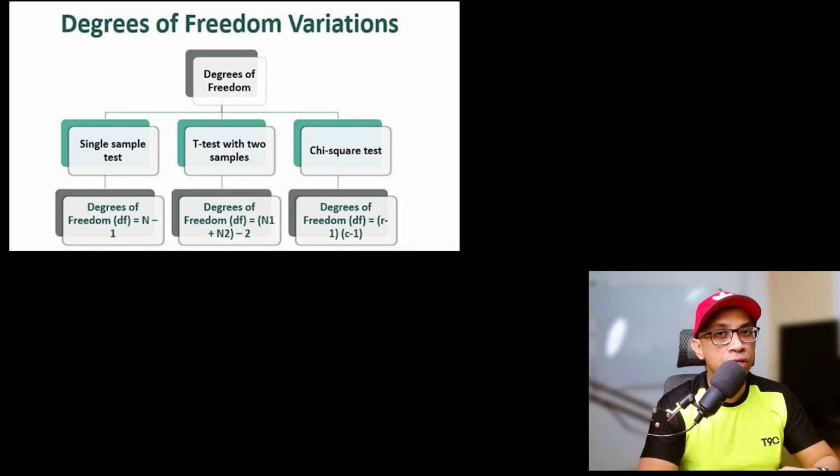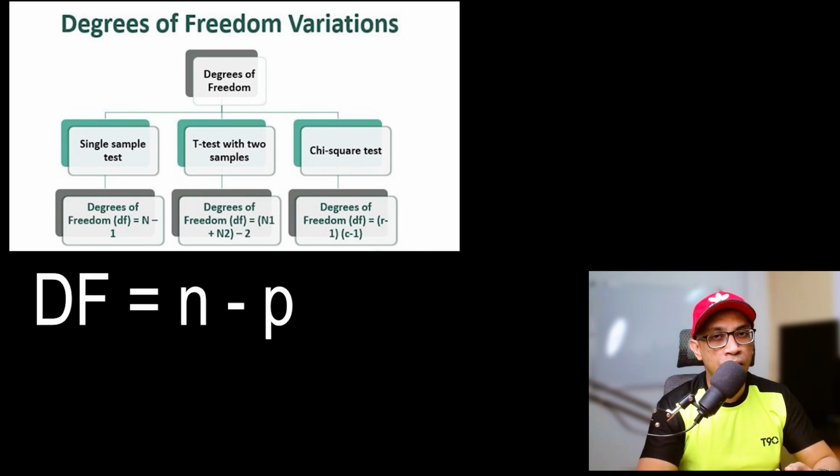In this case, the degrees of freedom are calculated as df, that is the degrees of freedom, is equal to n minus p, where n is the number of observations in the dataset and p is the number of estimated parameters, including the intercept.